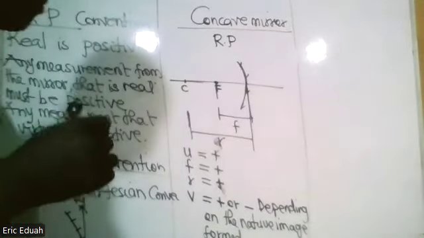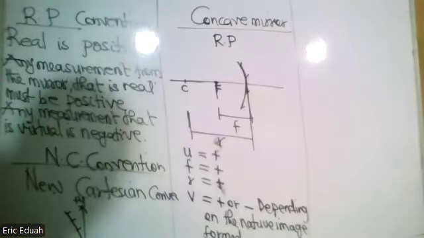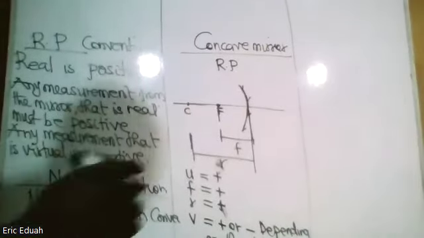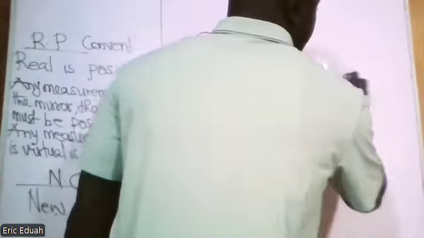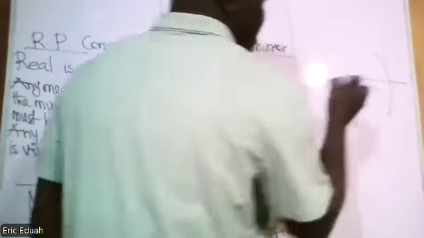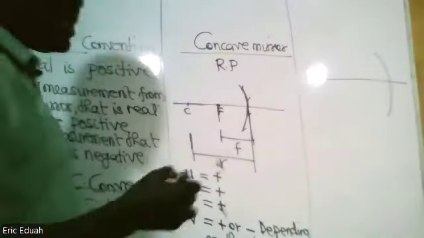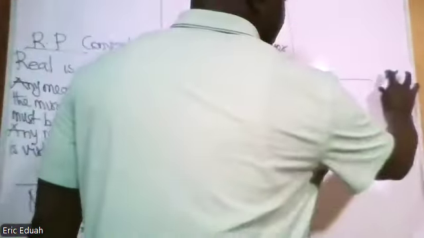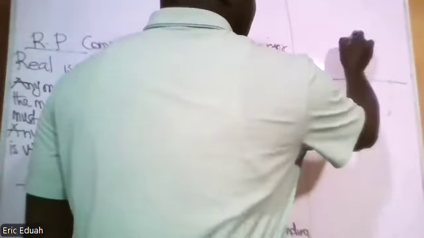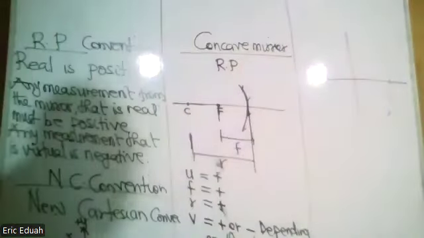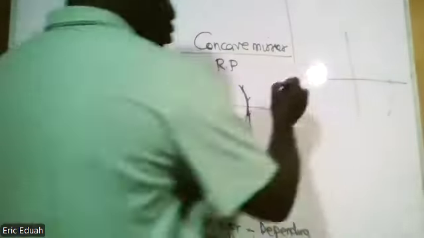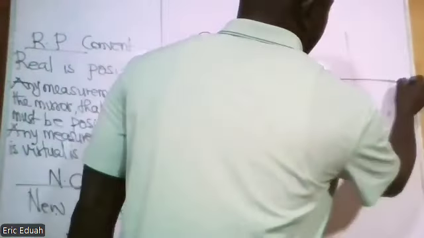NC for concave. How the NC convention is also applied for this. NC is the new Cartesian convention. Basically, our old X-Y axis, which we know of.